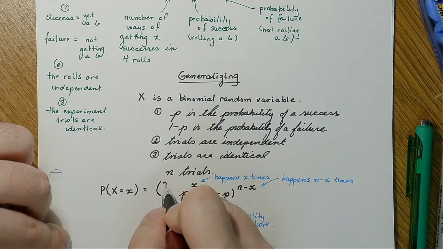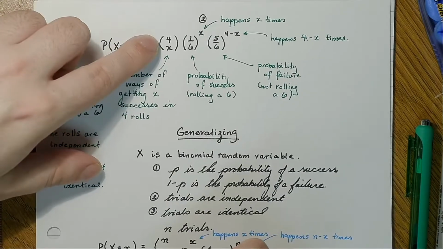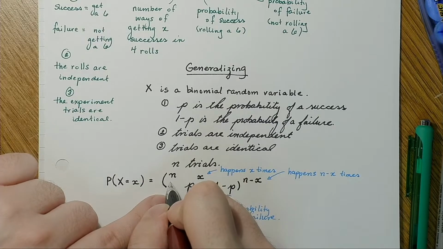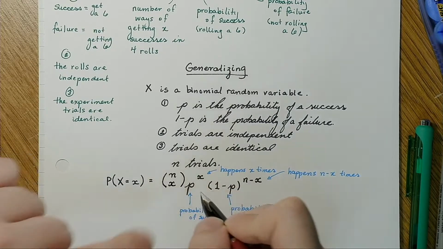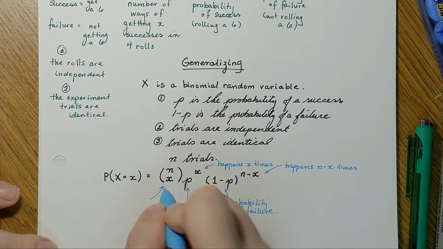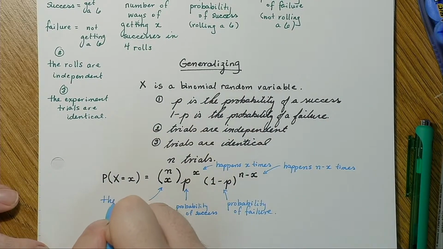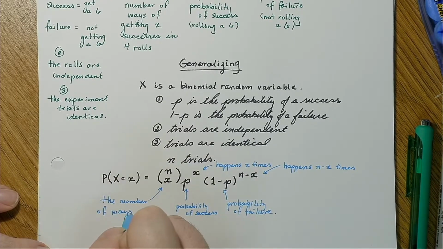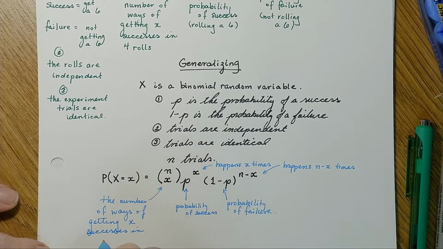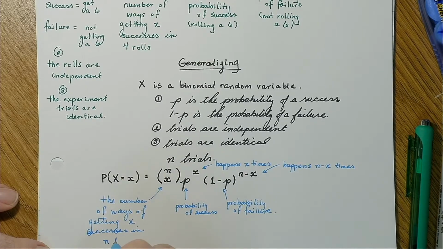Over here was 4, but this one we're going to just let n be a variable. So there's n choose x. That's the number of ways of getting X successes in N rolls or N trials.